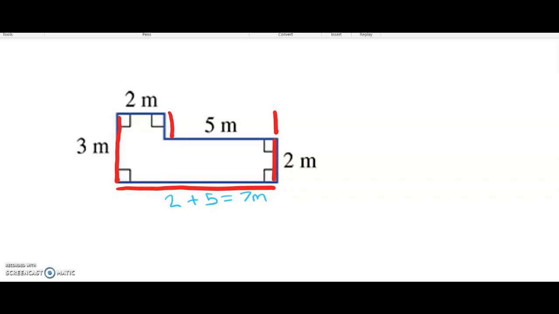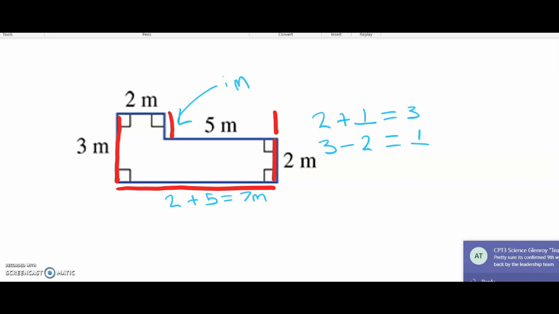So 2 plus something equals 3. Or we could also do 3 minus 2 is equal to our answer. So 2 plus 1 equals 3, and we also know 3 minus 2 equals 1. So this side length here is equal to 1 meter.